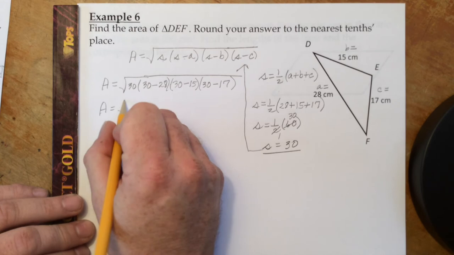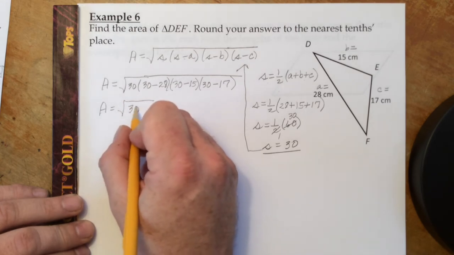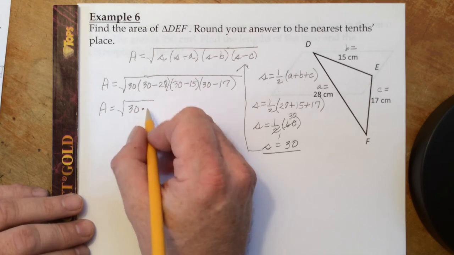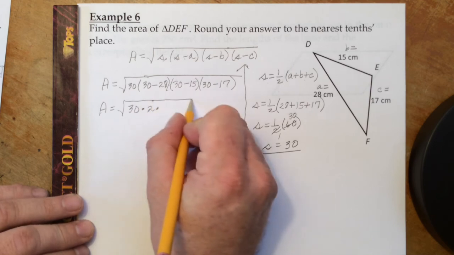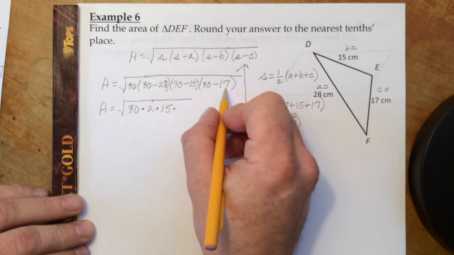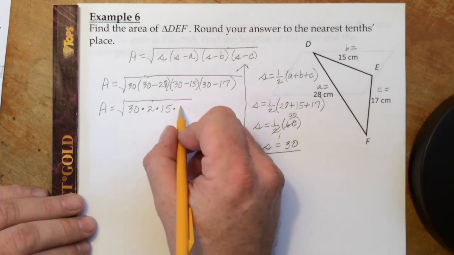Then we get the square root of 30 times 30 minus 28 is 2, times 30 minus 15 is 15, times 30 minus 17 is 13.